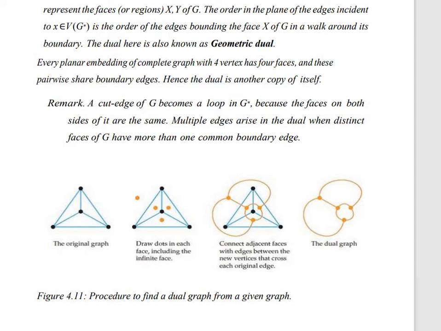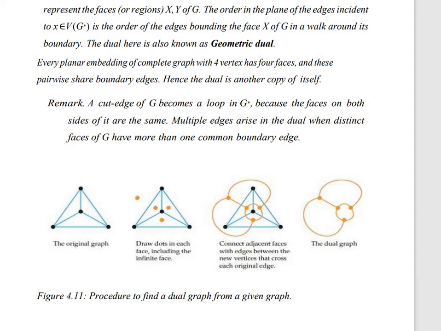The first figure here indicates the original graph whose dual we have to find. For finding the dual of this original graph, we will draw dots in each face, including the infinite face. In this figure, there exist 3 finite faces and 1 infinite face, and each of these faces is marked with a brown colored dot.